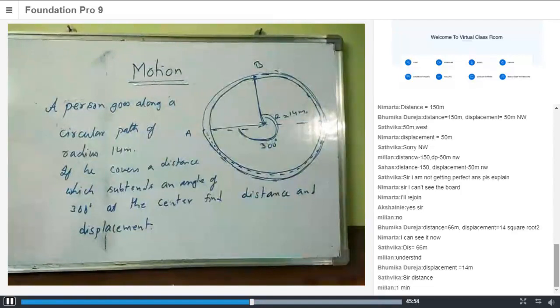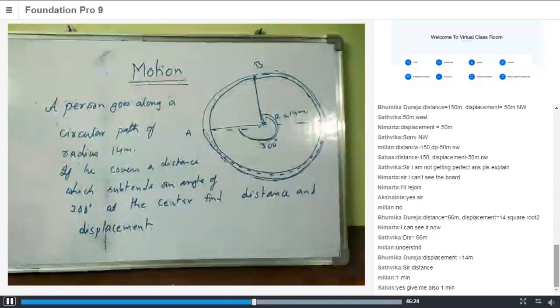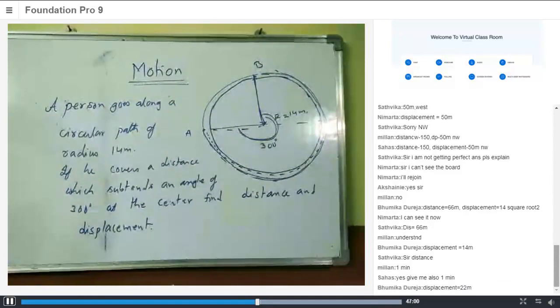I'm not sure whether it is right or wrong, but it seems to be correct. Okay, Milan, take your time, no issue. Sahas, am I audible to you? Okay, Sahas, you're granted 1 minute. Displacement is 20. Bhumika, you changed the answer once again. I got 3 answers from you: 14 square root 2, 14, and 22 meters. So which answer can be taken as right?